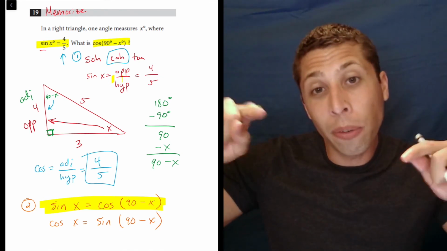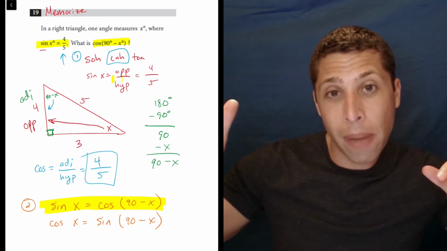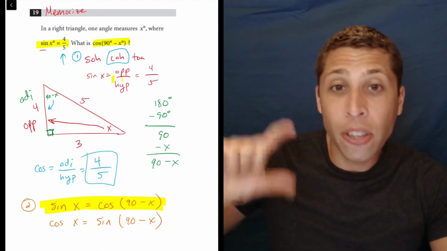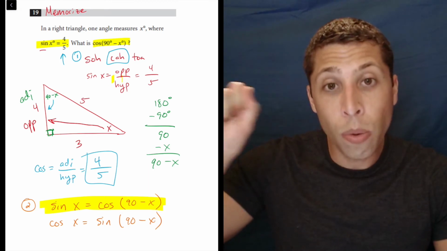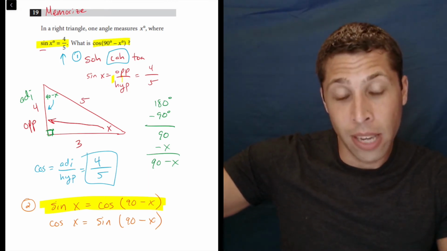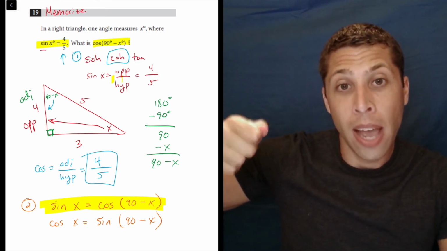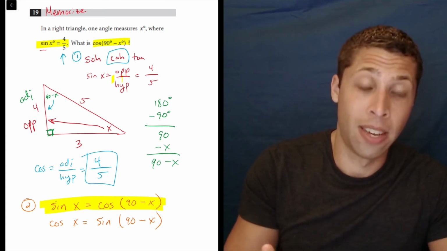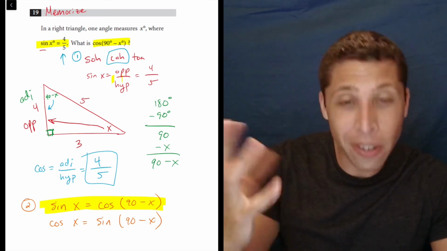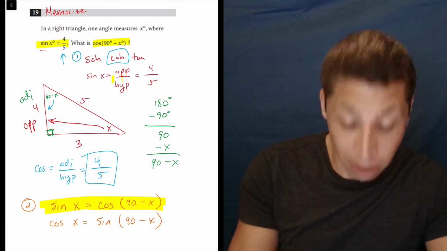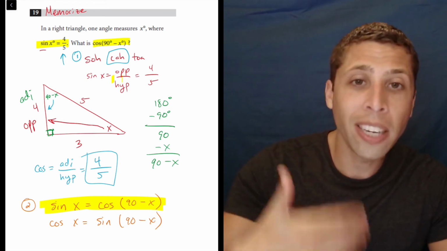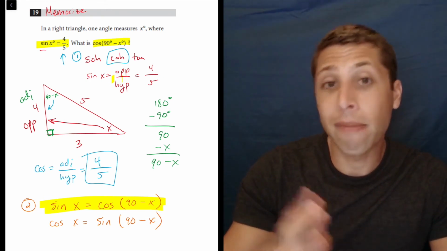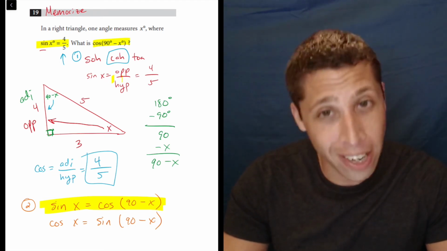Because in a right triangle, there's only really two angles that we care about. And opposite and adjacent are based on perspective. So the opposite of one angle is the adjacent of the other. And that's what this second formula is really telling us. And so that makes total sense, right? I mean, we can see it very clearly in the triangle that we're talking about the same side, even though we're starting from a different angle. And it just works out nicely.